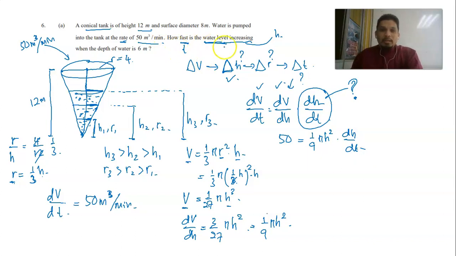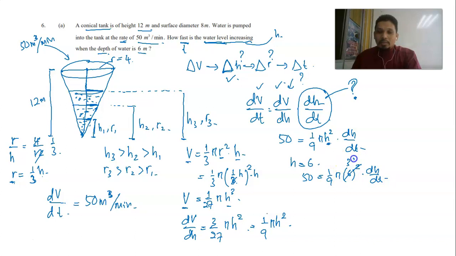Okay, now how fast is the water level increasing when the depth of water is 6 meters? So we substitute h equal to 6. So then 50 equal to 1 over 9 pi times h equal to 6 squared dh/dt.